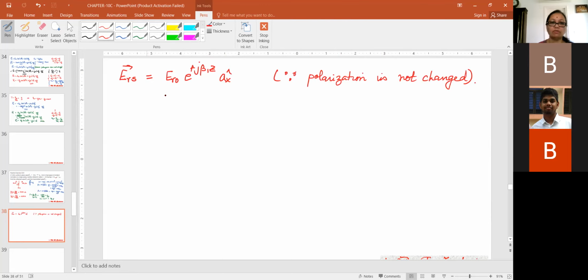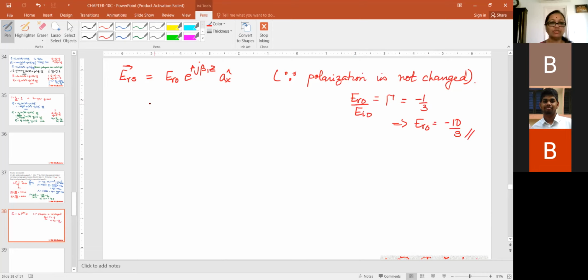Okay. Now, what is ER naught? ER naught by EI naught is going to be equal to the reflection coefficient, which you found out was minus 1 by 3. This implies ER naught is going to be equal to minus EI naught. EI naught was 10, so minus 10 by 3.